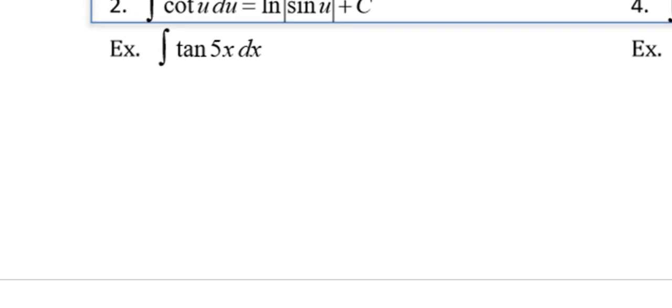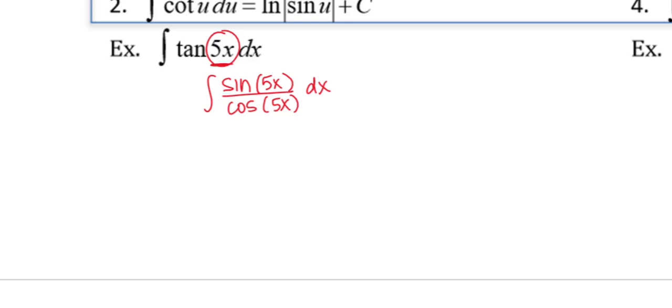So tangent of 5x dx, I can see that I have a 5x function inside of the tangent. And if you wanted to rewrite it as sine of 5x over cosine 5x, you certainly can. Your angle has to be the same in order to rewrite those.